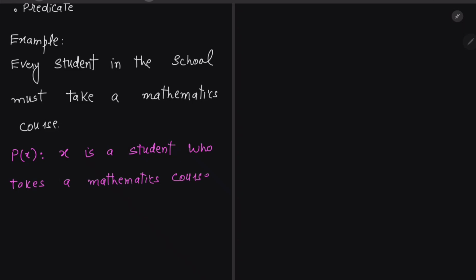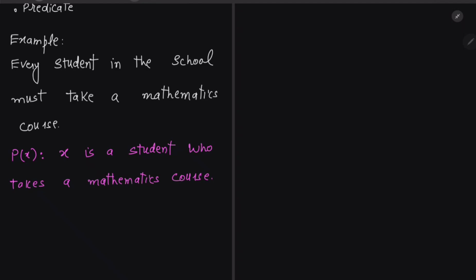Now we have converted this general statement into the predicate, and you can see that we have denoted this statement by P, and there is x, which shows that the student has been named as x.